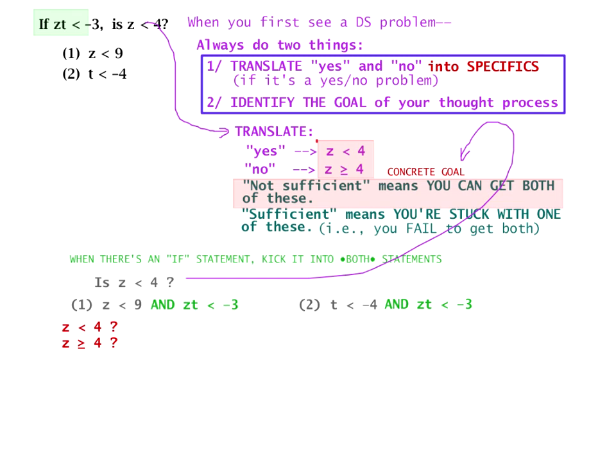So, okay. Can you get z to be less than 4, subject to these two conditions? You cannot get z to be less than 4?